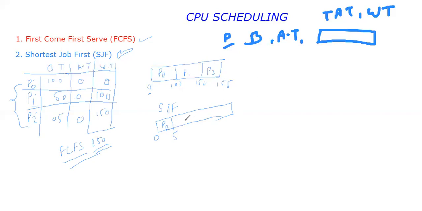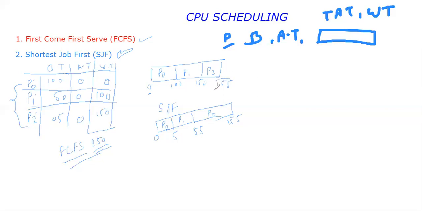Now after completion of P2, I'll execute P1. It will start from 5 and run up to 55. After completion of P1, I'll move to P0 and it will run for 100 units of time, so up to 155.